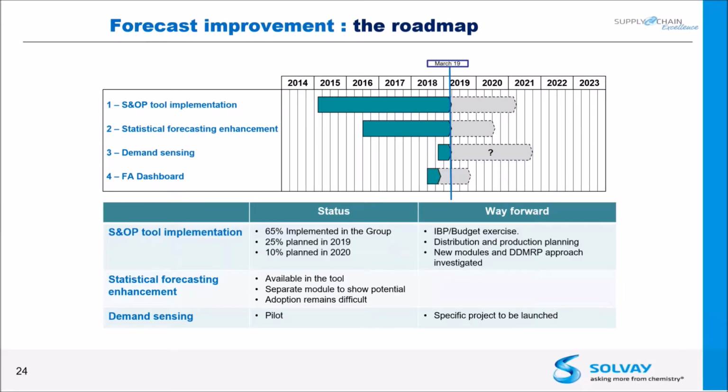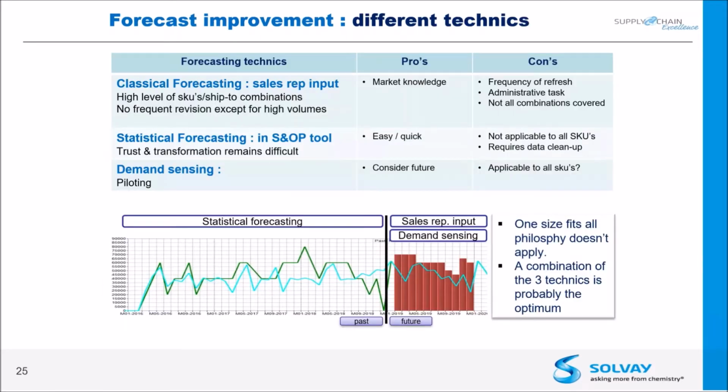Nevertheless, end of last year, we decided to test some application of demand sensing, and in this case it is the leading indicators. Another point that we introduced a few months ago is the forecast accuracy dashboard that provides the visibility on the performances in terms of forecast accuracy, and I think this is very important.